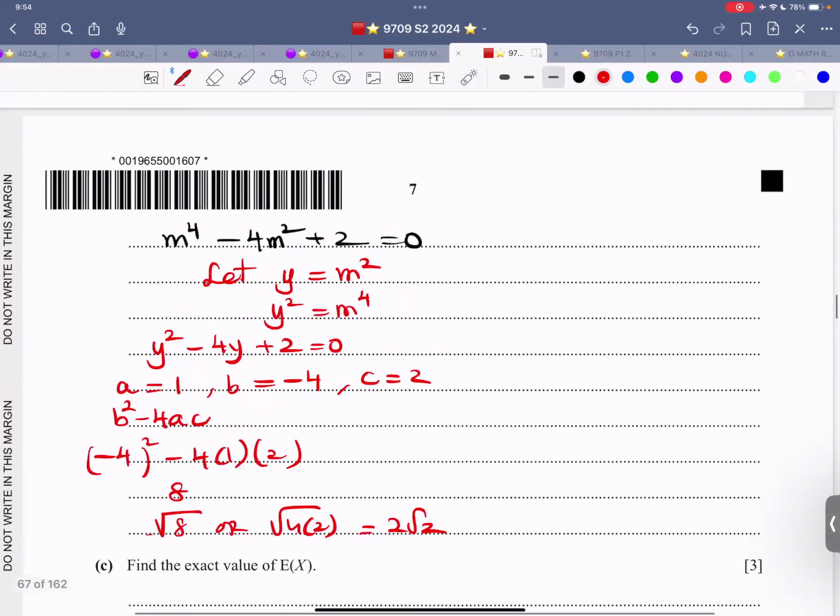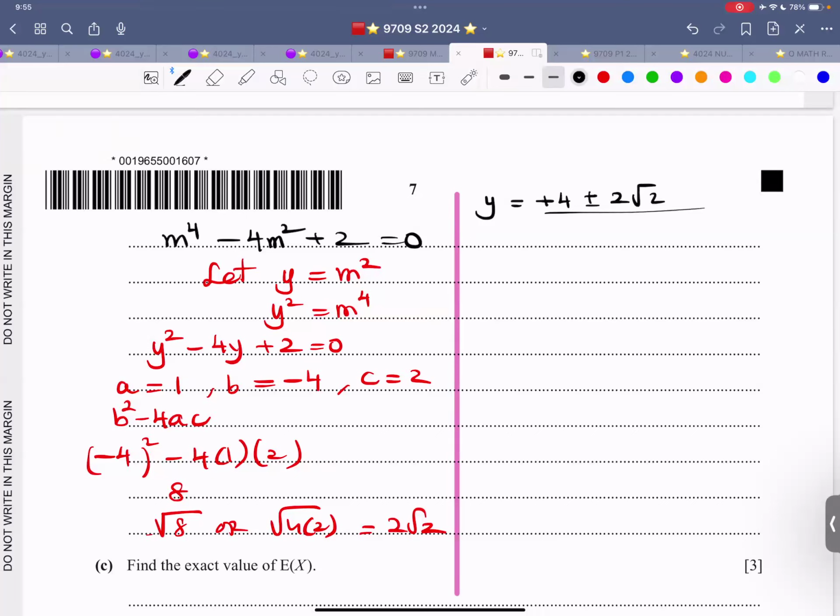So I can use this. Let me draw a small line in the middle and work on this side. We are solving for y. So y equals minus b, that is plus 4, plus or minus 2 root 2, divided by 2. That is 2 plus or minus root 2, that is y, but y equals m squared.